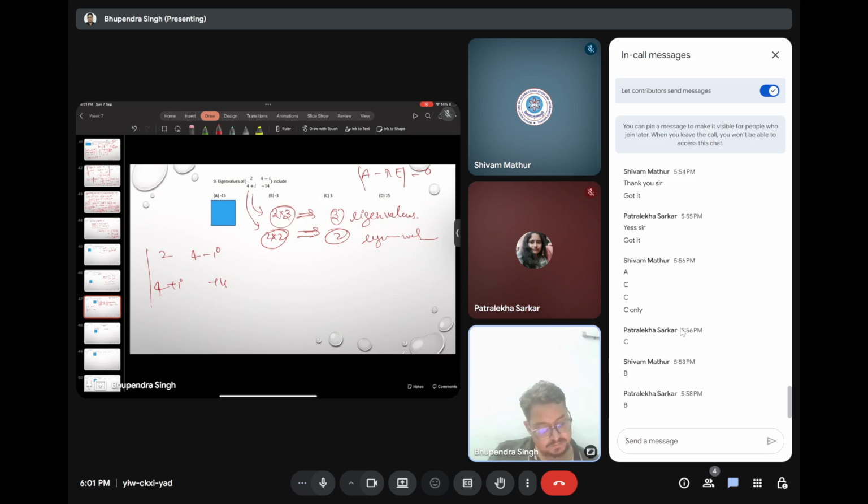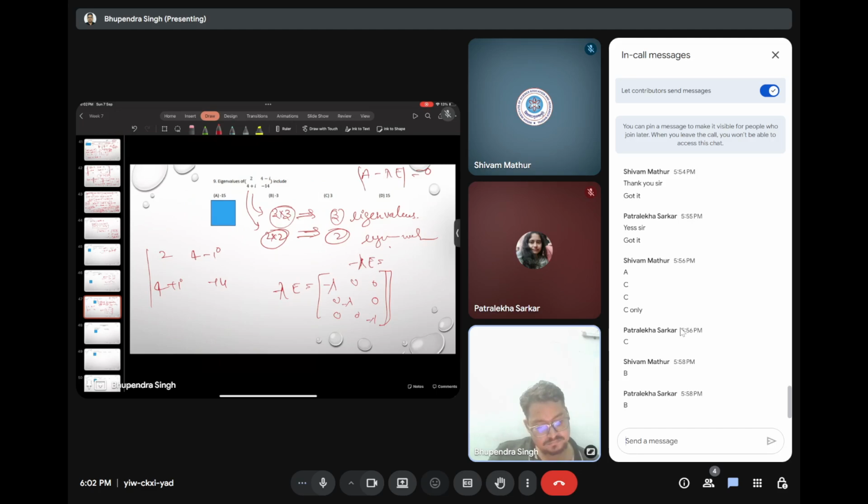Here I is 1 1 1 0 0 1 0 0 0, this, right? So minus lambda I is just a multiplication of minus lambda into this identity, so it will look like minus lambda on the diagonal.